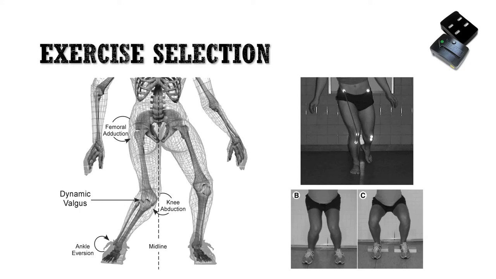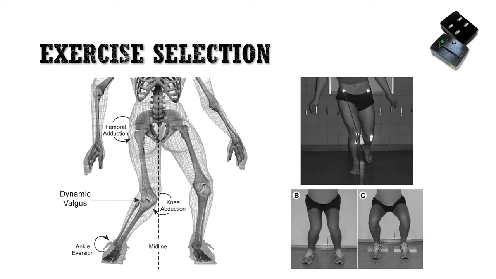Now, knee valgus is a complex phenomenon that requires adduction of the hip and also rotation, so the hip will have to rotate slightly internally in order for this to occur. The knee will abduct, so knee abduction is a bizarre phenomenon.